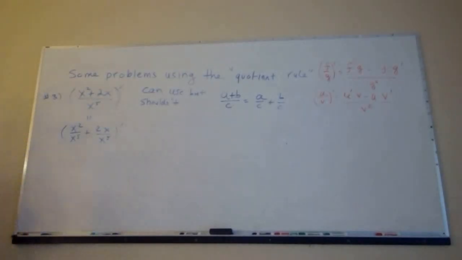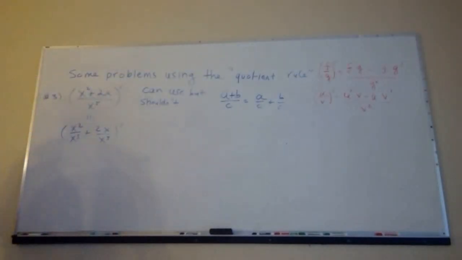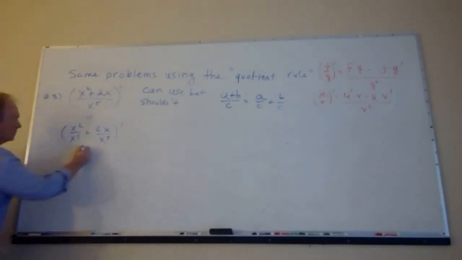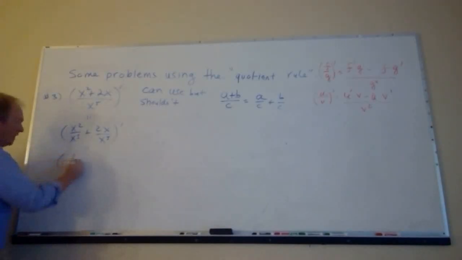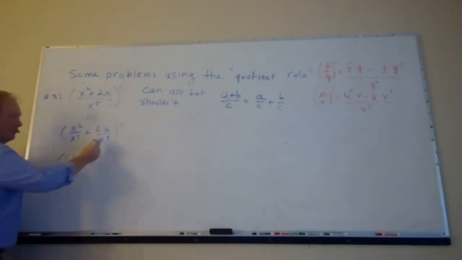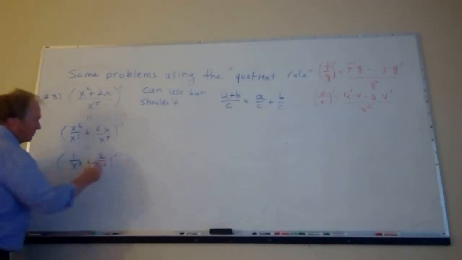See, nothing up my sleeves, right? And now I can use the fact that I can get cancellation. So I'm going to have 2 factors of x here, which are going to cancel out with 2 factors of x on the bottom, and I'm going to have 1 factor of x that's going to cancel out on both.